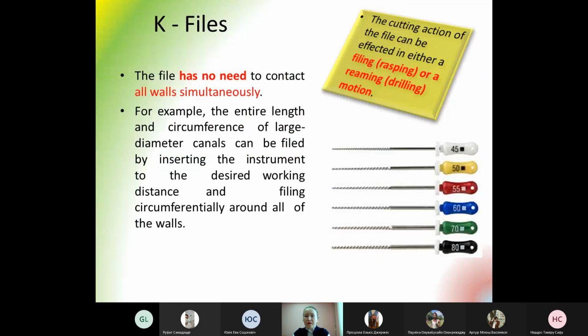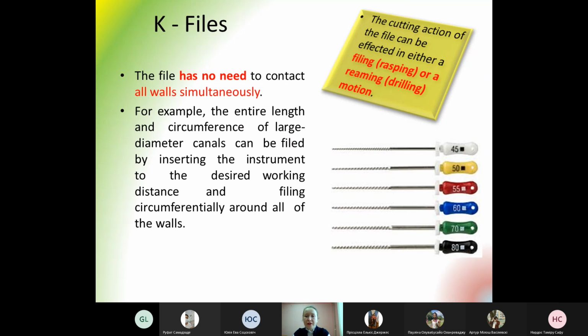Files. Again, I should stress that K-files work both in filing and reaming motion. But the file has no need to contact all walls simultaneously. A wall can be passed by the file in turn.